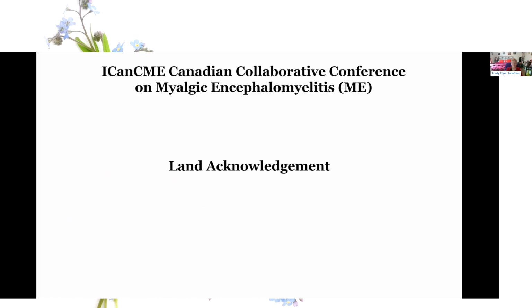Before we begin the conference, we would like to acknowledge that we are on the traditional and unceded territory of Indigenous peoples across Canada, including First Nations, Métis, and Inuit. As the team member leading this acknowledgement, I would like to begin by acknowledging that I and several other members of our team are joining today from Mi'kma'ki, the ancestral and unceded territory of the Mi'kmaq people.